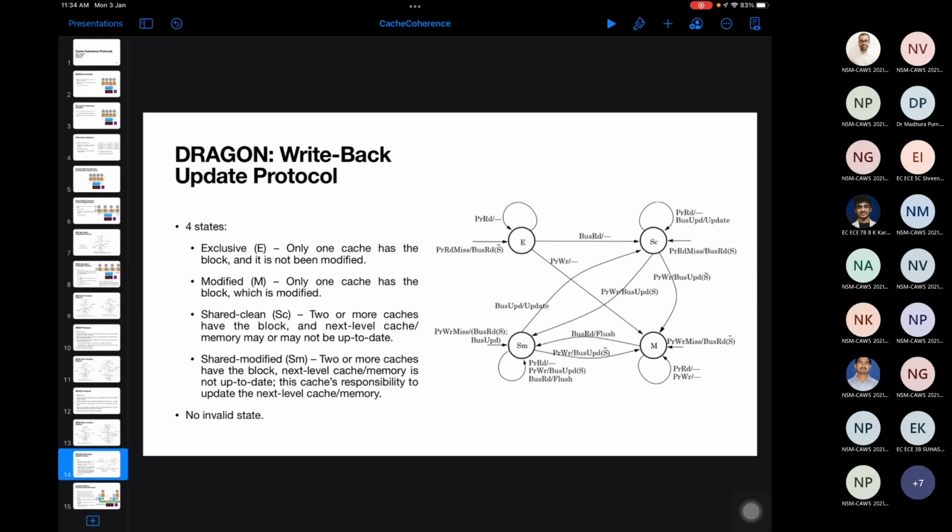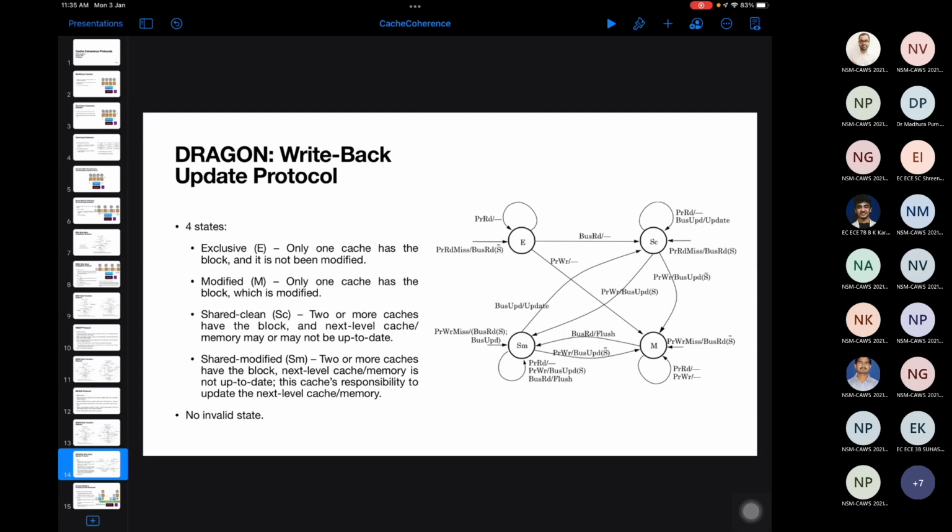And now, let us say initially we initiated a read request. The processor initiated a read request, that is, a load request is generated. If the block is not there in the cache, you have to bring the block. When you bring the block, you have 2 options: either you keep the block in the E state or the SC state, depending on whether anyone else has a copy.